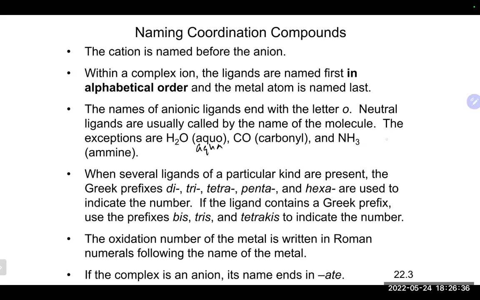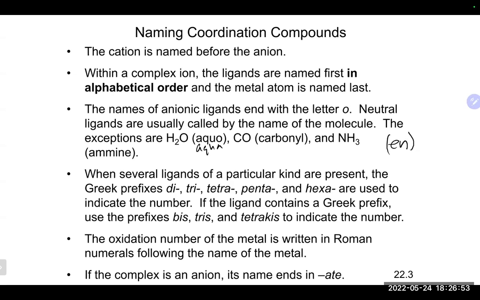For example, our en guy, which is ethylenediamine, because it already has the di in it. If you had 2 of them, you would use bis instead of di for the prefix. So that is what that is referring to.